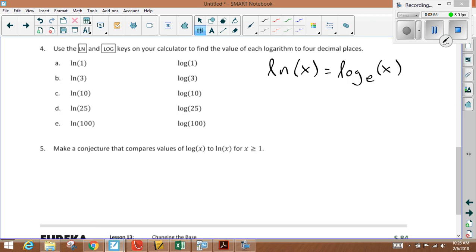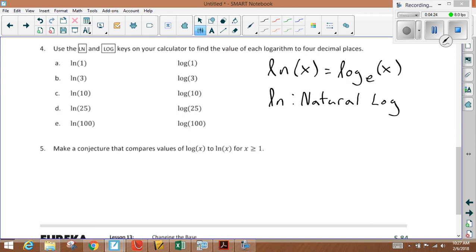It's just a shorthand way of saying log with a base of e. We call that ln, which, the terminology I will use to describe it, I'll call it natural log. Okay? So that's what I'm going to call ln, natural log.